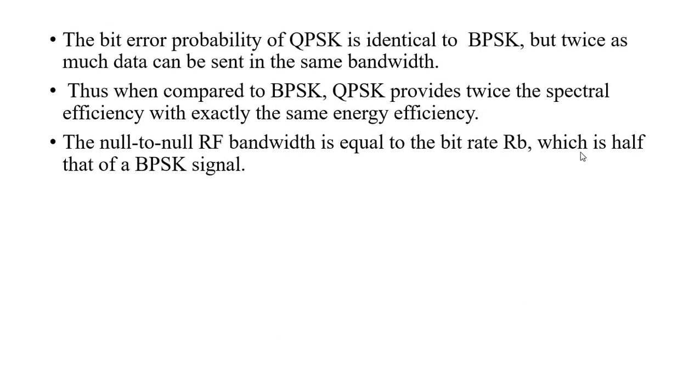So apart from this normal way of functioning, we can say that the spectral efficiency is more when comparable to BPSK, and earlier we found that twice as much data we are able to transmit in the same bandwidth.